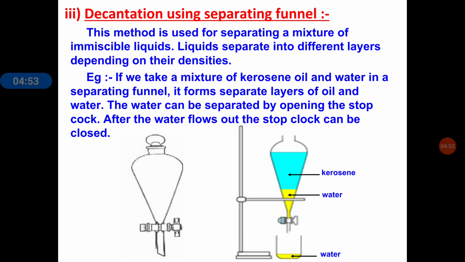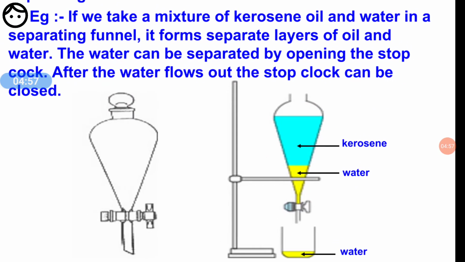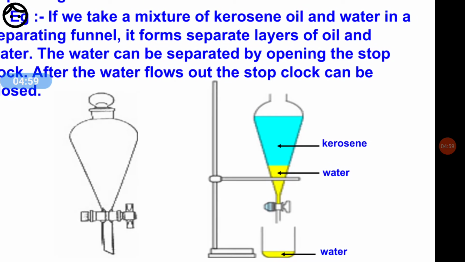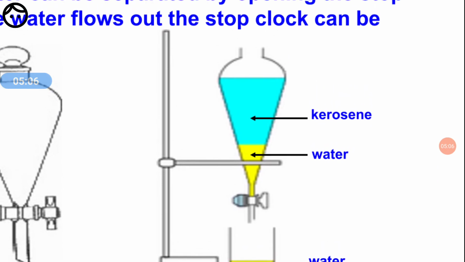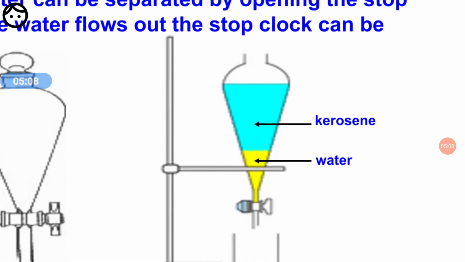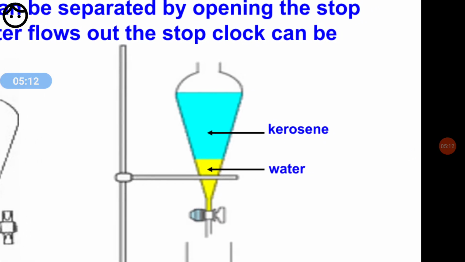Suppose an activity is given to you: you have to clamp the separating funnel over the stand, and below the separating funnel you keep a beaker. In this separating funnel, you take the mixture of kerosene and water. Since kerosene is lighter, less dense than water, it will take the upper position in the separating funnel, and the water takes the lower position.